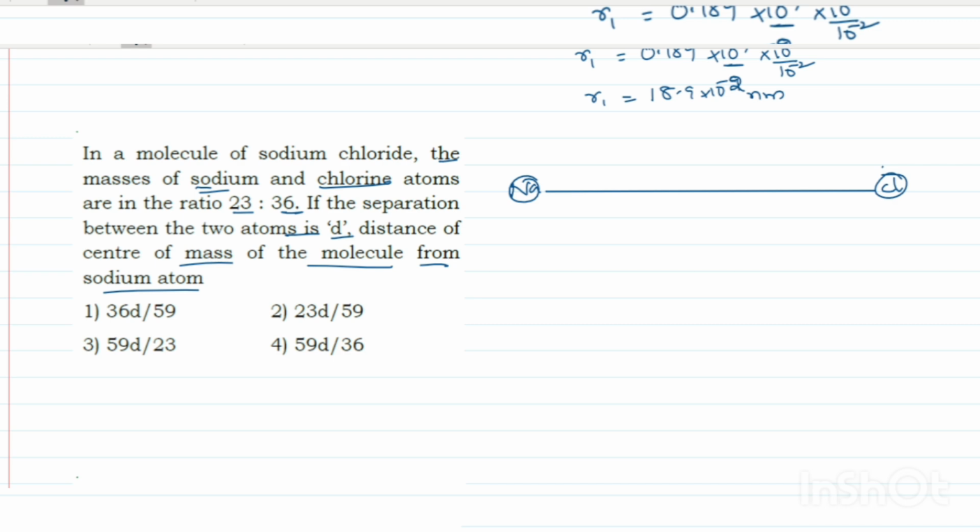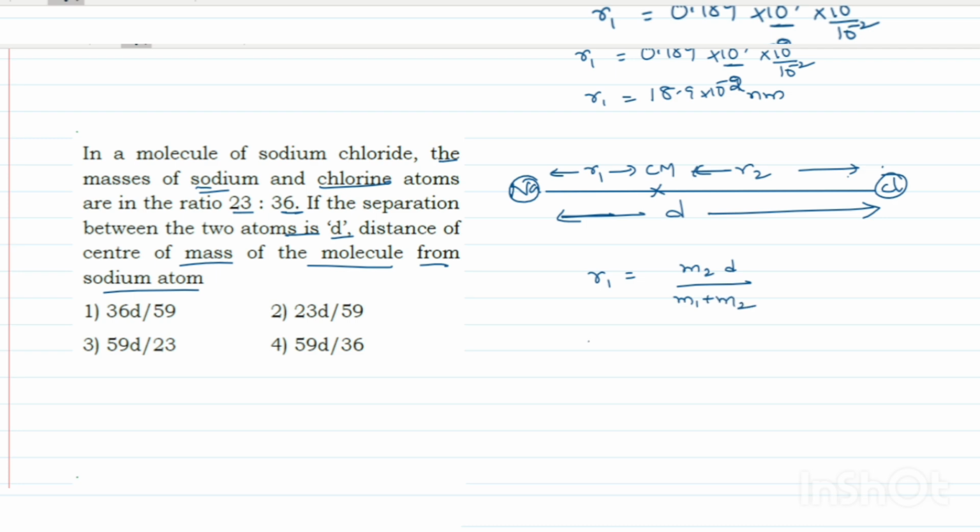The mass ratio is given as 23:36, and d is the distance between these two atoms. Let us take an assumption. The center of mass will be located at this point, at a distance r1 from the sodium atom and r2 from the chlorine atom. They are asking from the sodium atom, so r1 equals m2 into d by m1 plus m2.